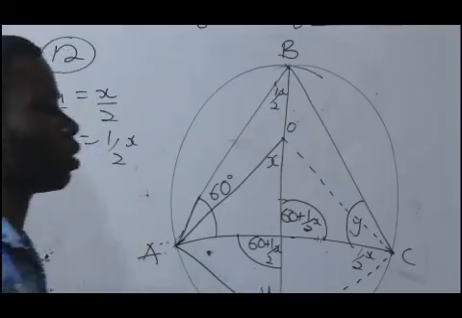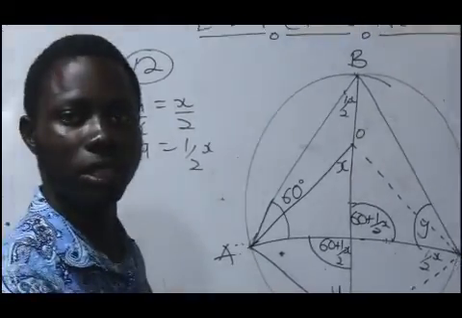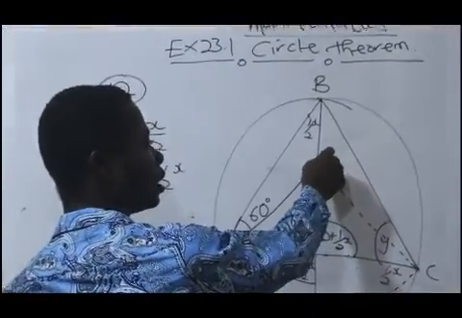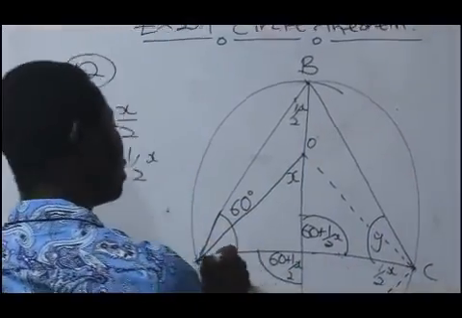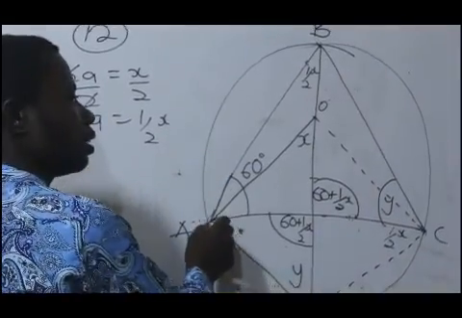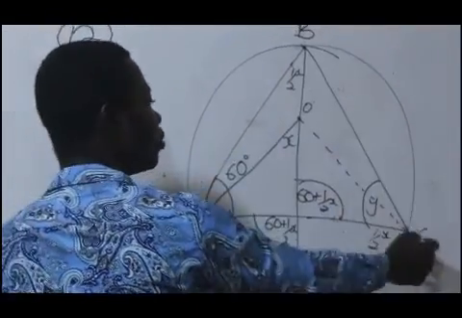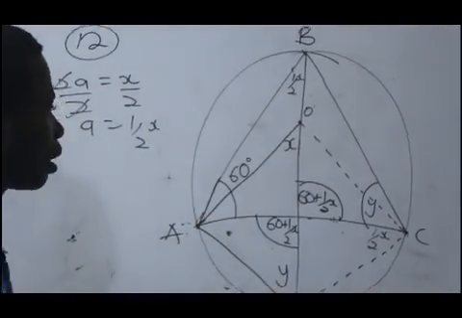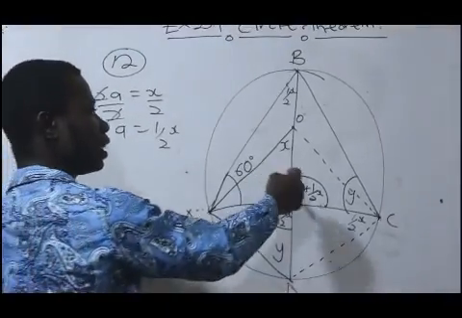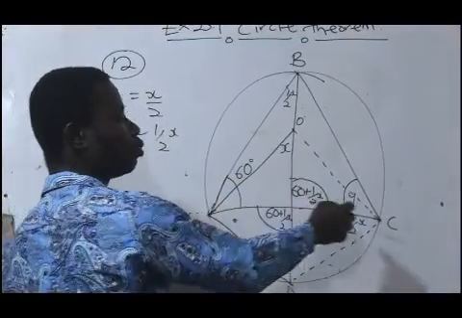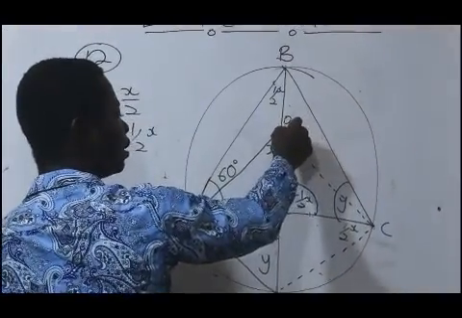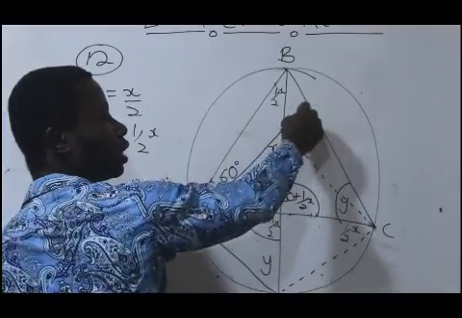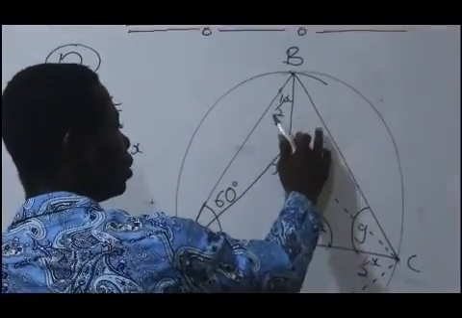We can also see that chord BC is subtending an angle at the center of the circle, and at the same time it's subtending an angle at the circumference, at A. Twice the angle it subtends at the circumference is the angle that same chord subtends at the center. Therefore, if you have 60 degrees here, then twice 60 degrees gives us 120. So we are going to get 120 degrees here.